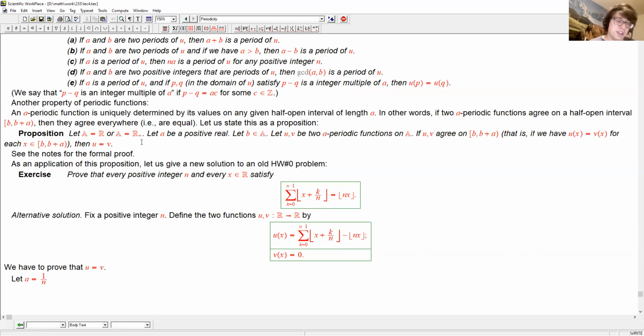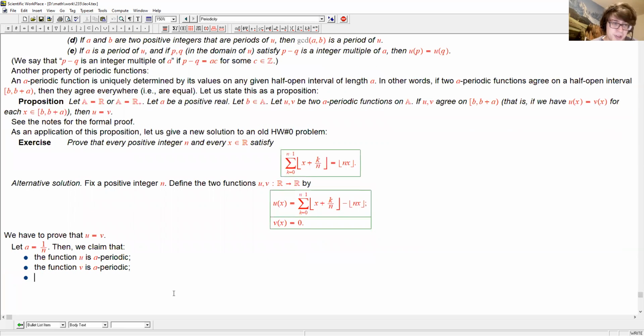Well, let's do it. Let a be 1 over n. Then we claim that the function u is a-periodic. The function v is a-periodic.